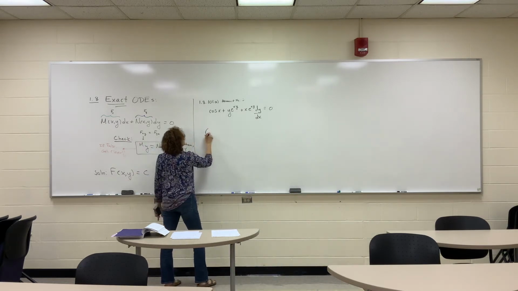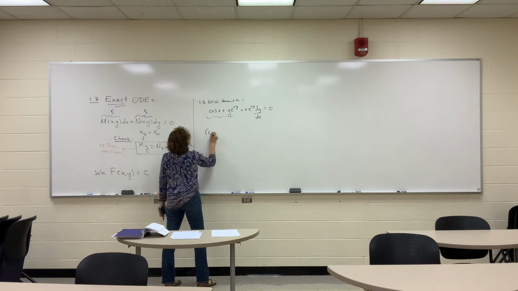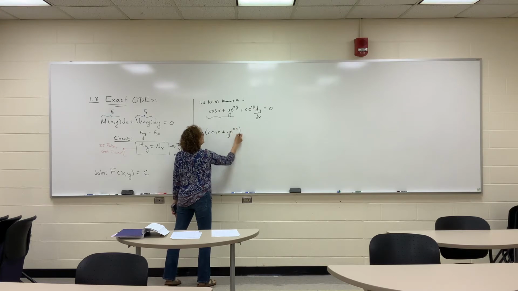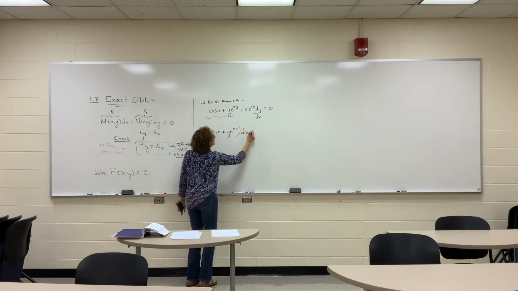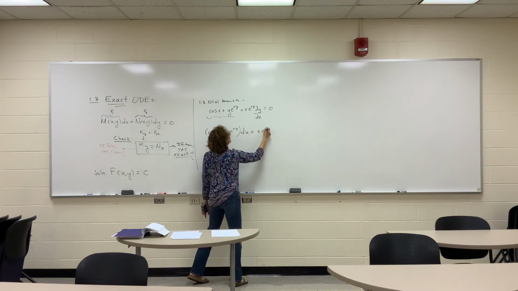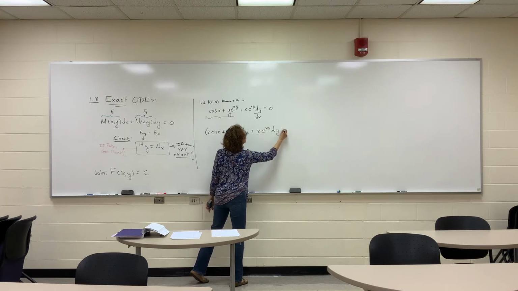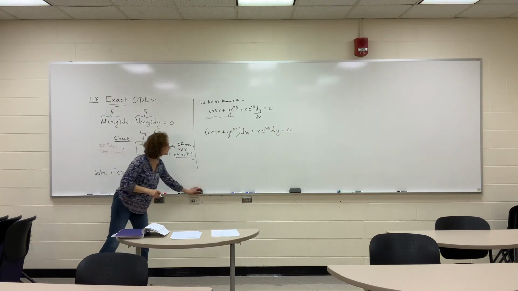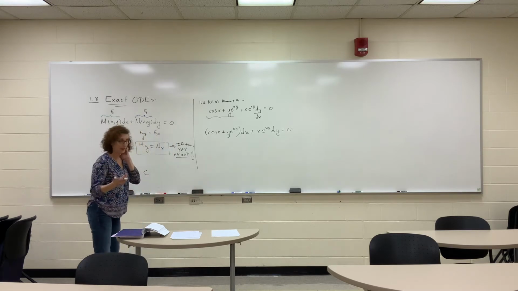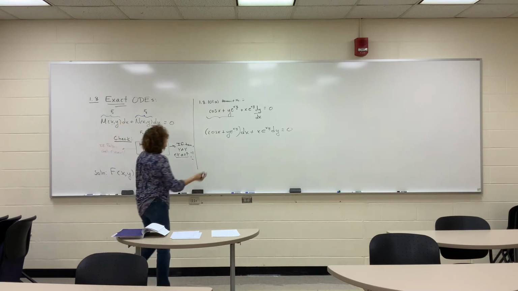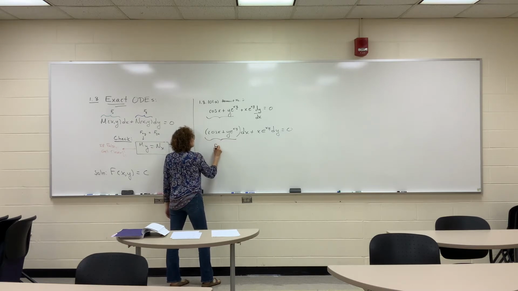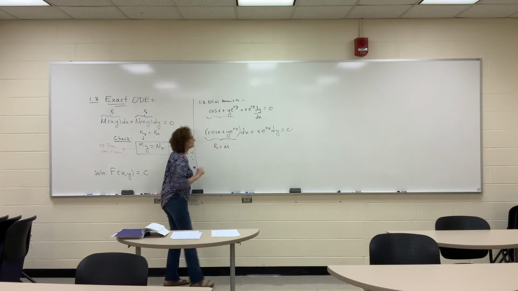So we're going to have all of this stuff: cosine x plus y e to the xy dx plus x e to the xy dy is equal to 0. Now we have it written in differential form. And so it's not hard for us to recognize, oh, this guy is my M.